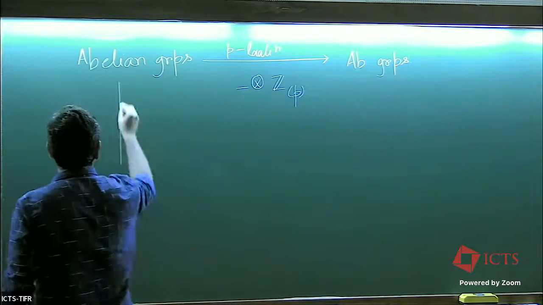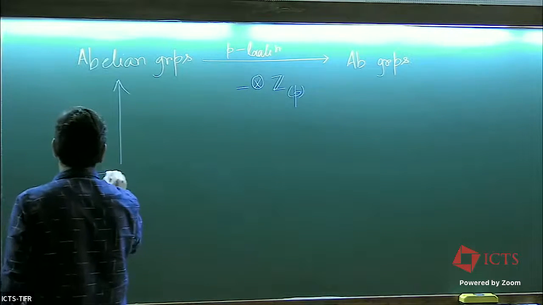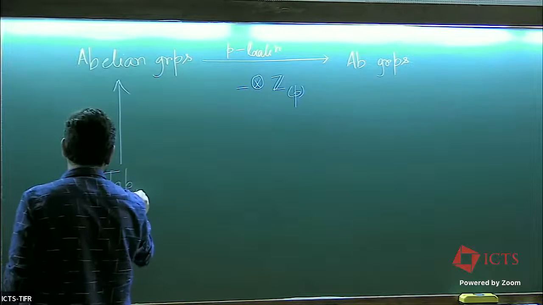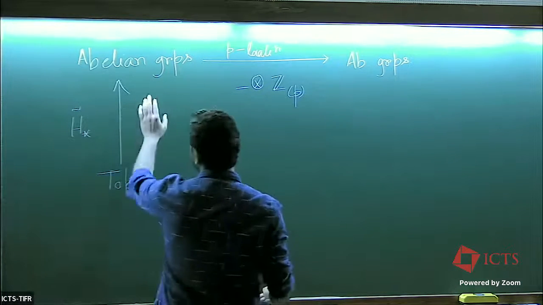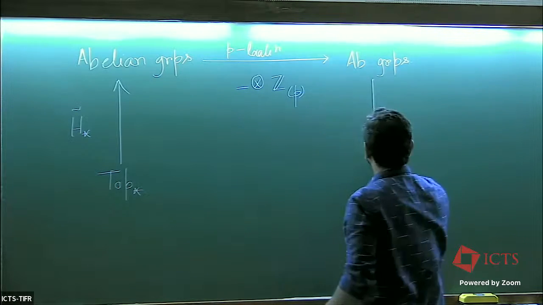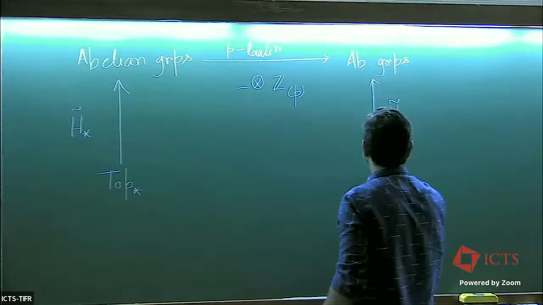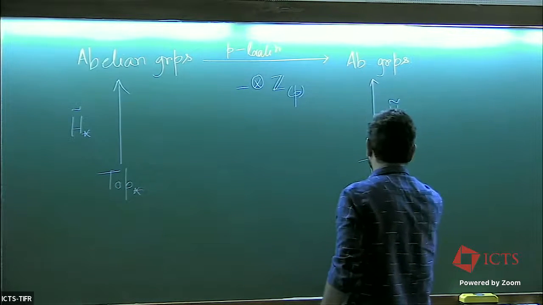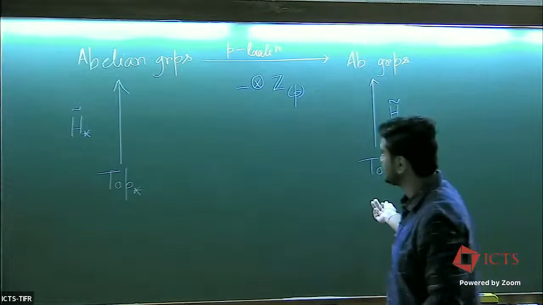And then we have a series of functors from Top star reduced to abelian groups, which are nothing but the homology functors. Top star is the category of pointed topological spaces.